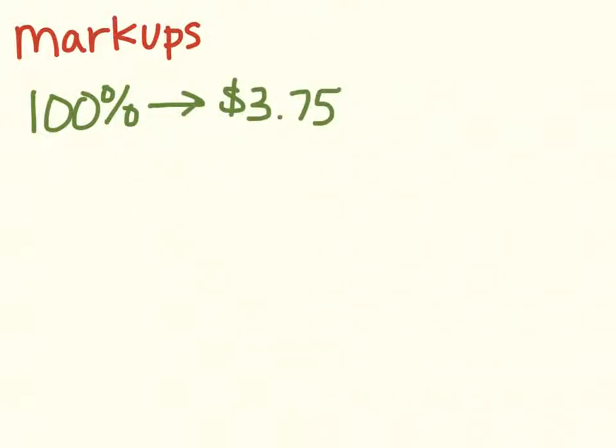Okay, now let's look at method 2. In method 2, we'll set up 100% being equal to $3.75.